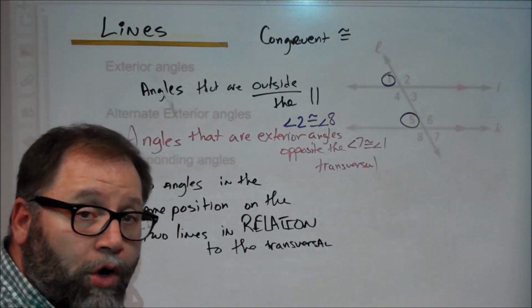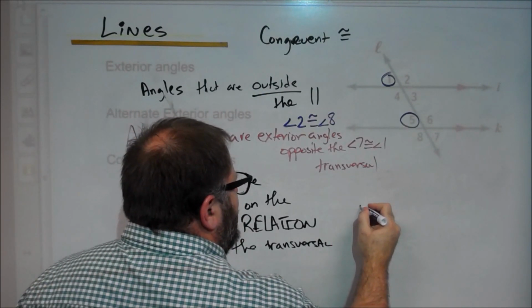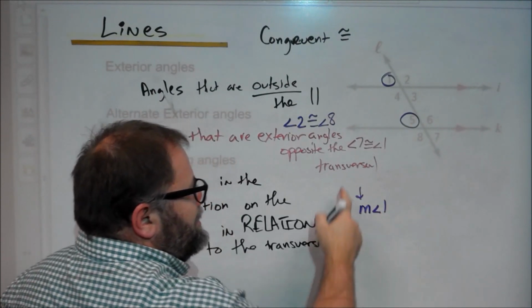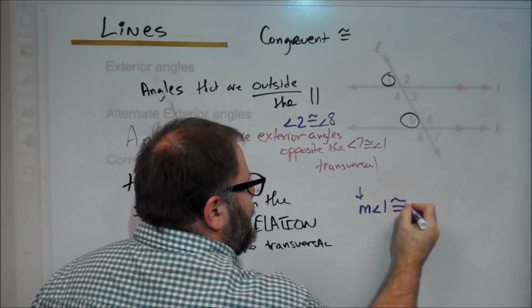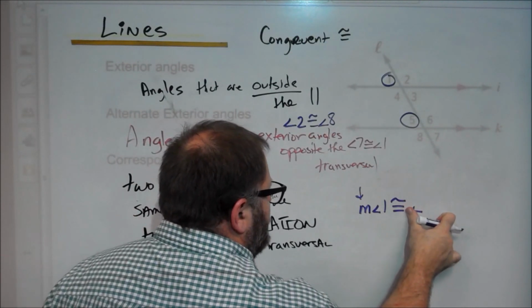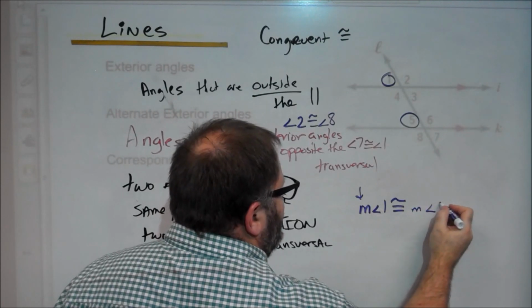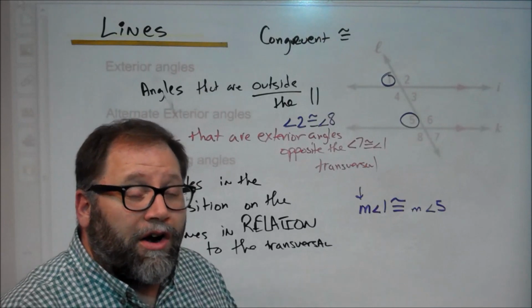So because those are corresponding angles, the measure of angle 1 is congruent to the measure of angle 5. Those 2 angles are congruent.